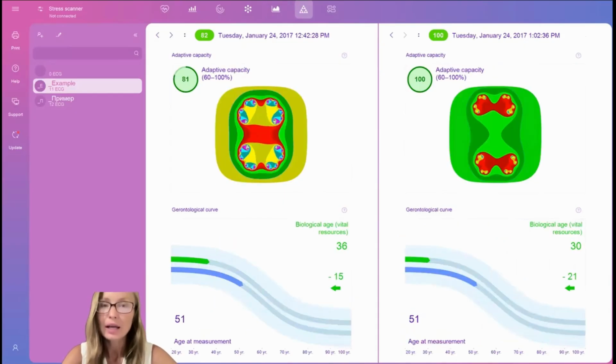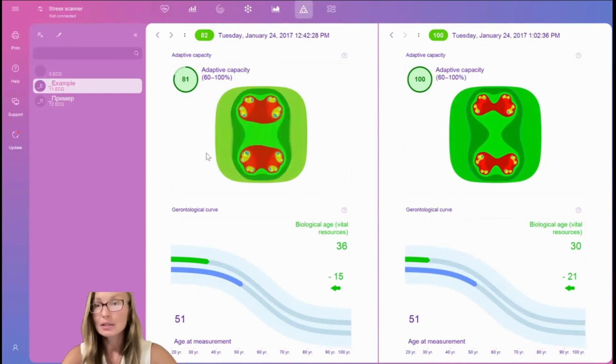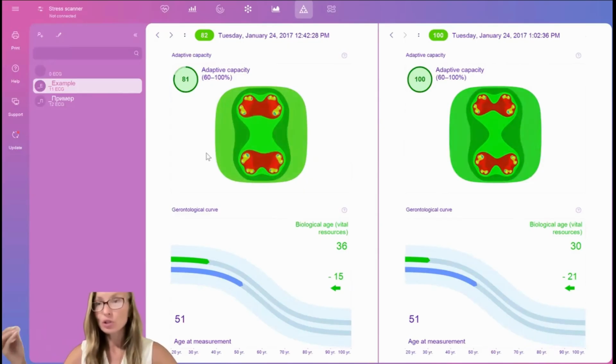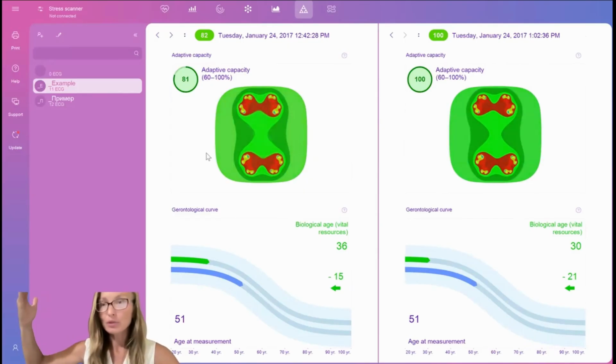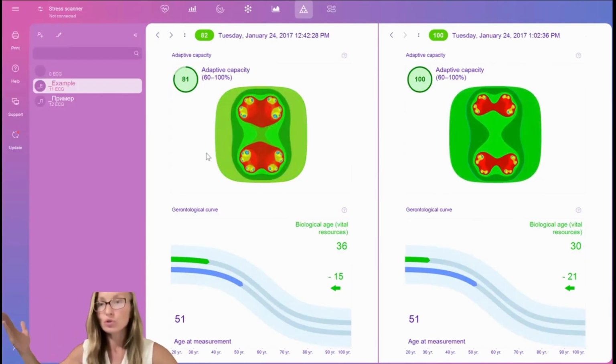The next indicator is adaptation to the current level of stress. Essentially, it's like the nervous system's immunity to all types of stress: physical, autonomic, hormonal, and emotional. The higher the adaptive resources, the better the nervous system can cope with all types of stress.